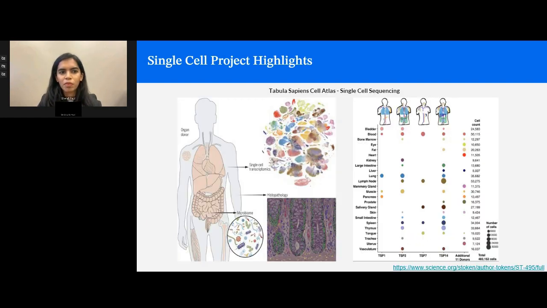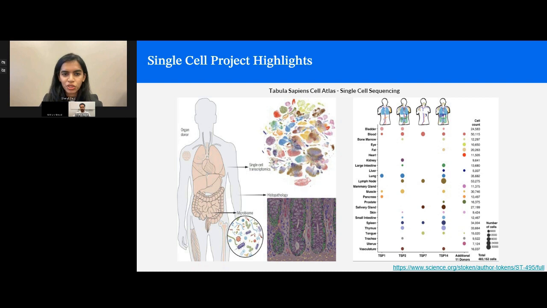One of the examples of a single cell project is the Tabula Sapiens Cell Atlas project, which is a multiple organ single cell transcriptomic atlas of humans. It's a molecular reference atlas for more than 400 cell types of the human body. The Tabula Sapiens Consortium used single-cell transcriptomics to measure the messenger RNA molecules in each of nearly 500,000 cells from 24 tissues and organs.